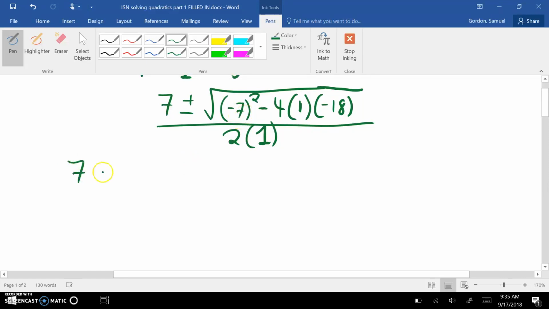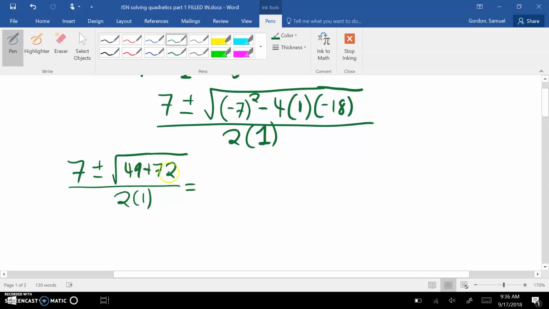So I'm going to have 7 plus or minus the square root of 49 minus, and then I'll multiply negative 4 times 1, which gives me negative 4, times negative 18, which gives me positive 72. It's positive because a negative times a negative is a positive. That's how I'm getting positive 72. Still all over 2 times a.